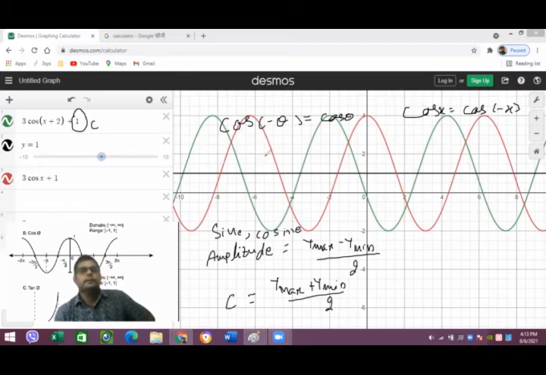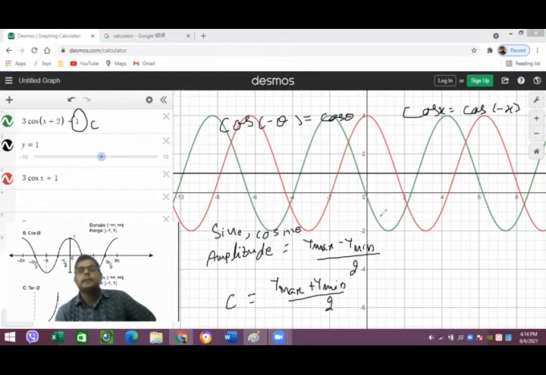period of the graph. Okay, so in the sine graph, you have already seen when the amplitude changes and when the period of the sine graph changes. Okay, so for cosine, this is also the same way that we see in the cosine graph.